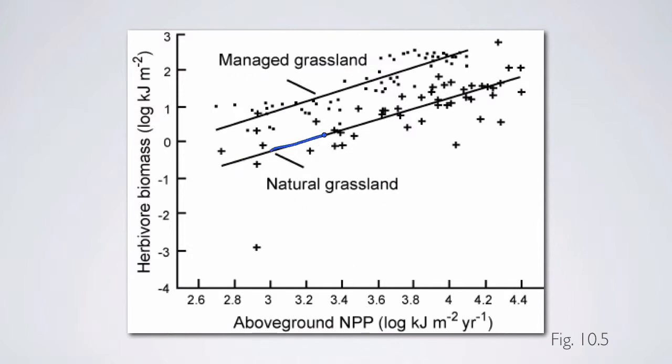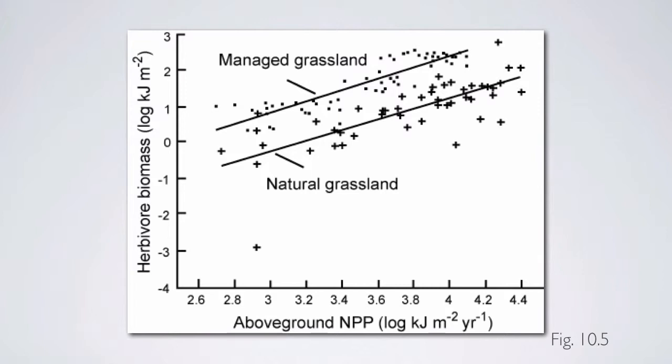And you can see the slopes of these two relationships are pretty similar, and we have a greater amount of herbivore biomass in a managed grassland than a natural grassland for a given amount of ANPP. The difference here is somewhere on the order of 1 order of magnitude. So we're seeing 10 times more herbivore biomass in a managed grassland than a natural grassland.